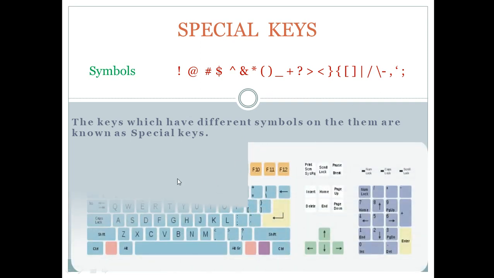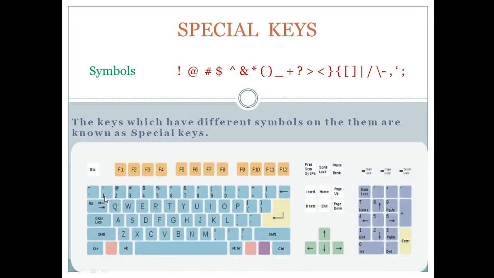On the keyboard, especially the first row, that is the numeric keys just above the alphabet keys, we can see each number key has one symbol along with it. On numeric key 1, sign of exclamation is there.